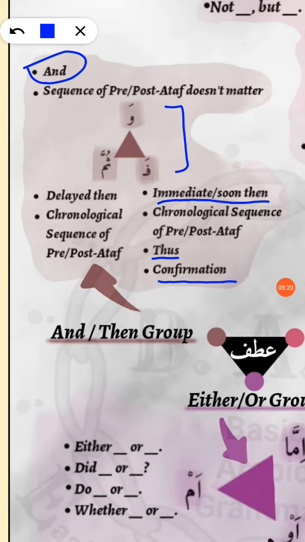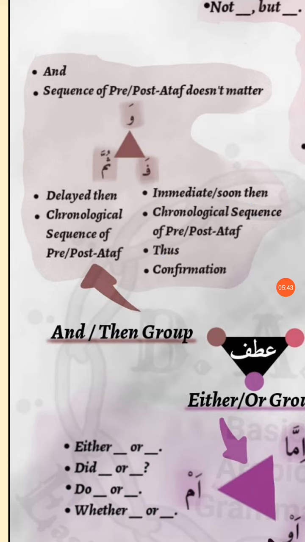We are going to discuss these differences shortly. And then we have summa. Summa also means then, but there is some delay between the pre-ataf and the post-ataf portions. However, the chronological sequence of these two portions remains intact. I'll tell you what it means, but at this moment, just remember that there are three members for the and-then group.